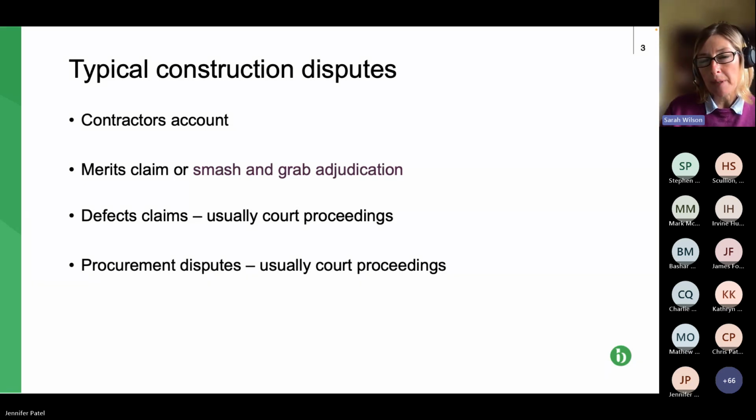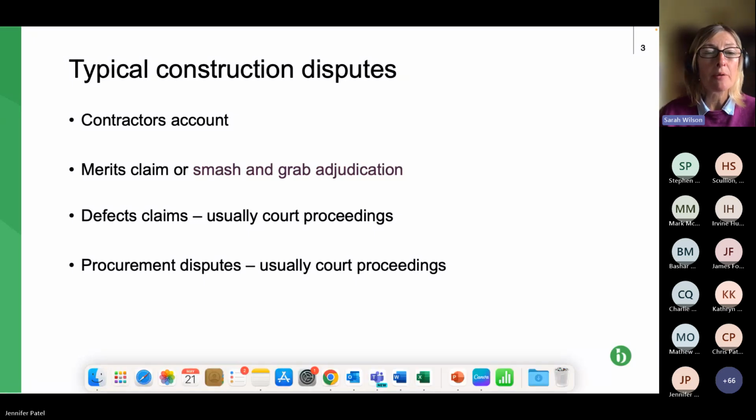Typically that would be dealt with in adjudication, in the same way as if you went to court, proving that an item is a compensation event or a variation or whatever, and also establishing the quantification of it, the extra time, etc. That's what we'd call a merits claim, where you prove all of your claim and all of the detail to it. Smash and grab is slightly different, which we'll come on to.